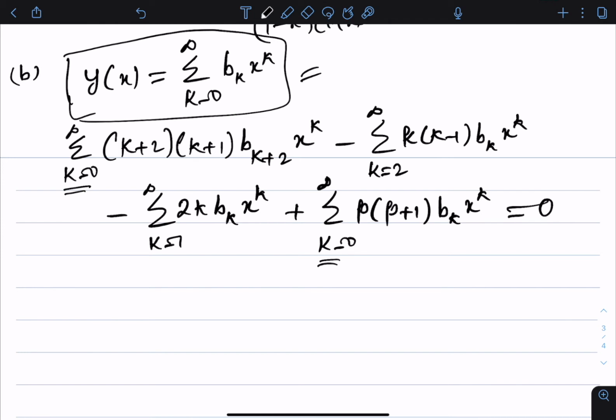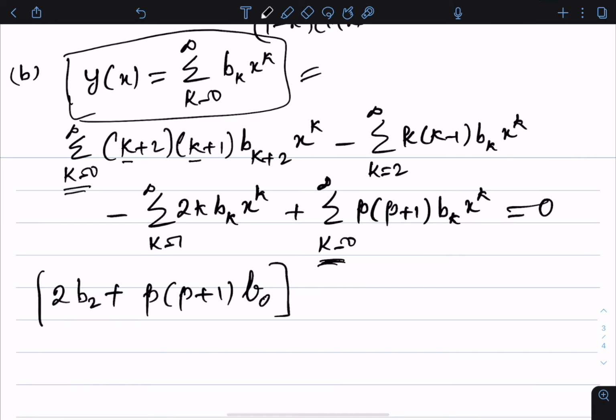So it's 2 into 1, so it's 2 b2 plus, from here, p into p plus 1 times b naught. And that is the first k equal to 0 term.